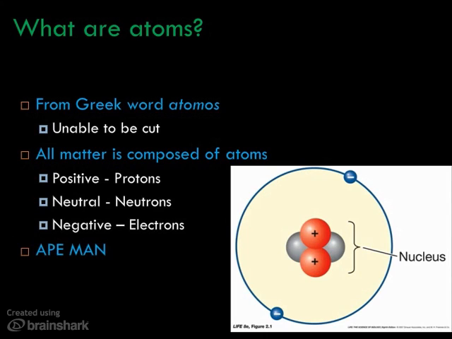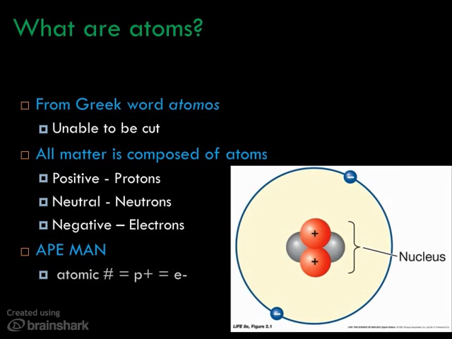Another acronym to remember, too, that's going to help you when we go through this unit is APEMAN. APEMAN helps us to remember about the neutrons and the protons and the electrons. And it goes like this. APE: the atomic number of an atom or an element is equal to the protons, which equals the electrons in a balanced atom. So protons are positive, electrons are negative, and they cancel each other out in a balanced atom.